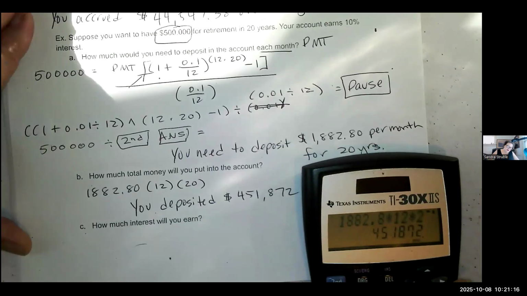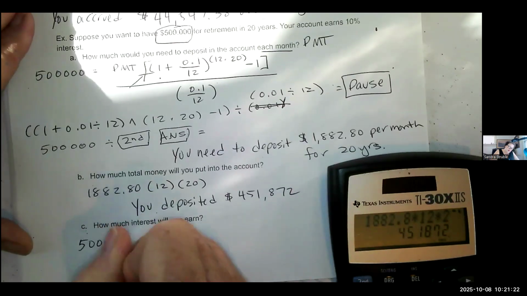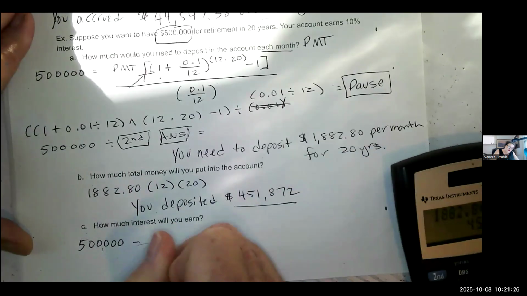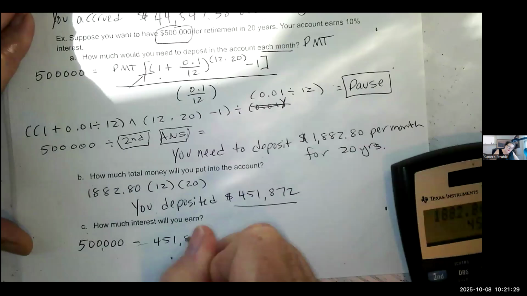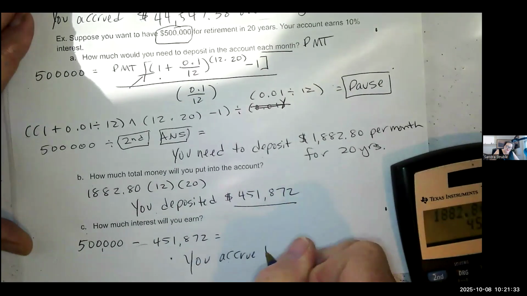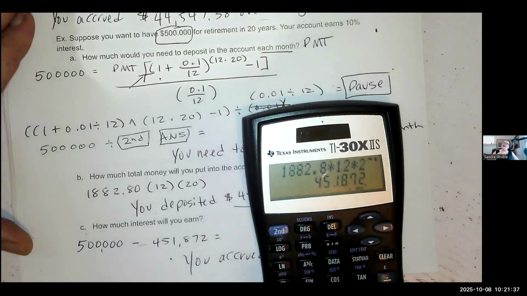The difference in those two amounts is your interest that accrued, which is 500,000, the amount that you want to have at the end, minus the 451,872. This one you can leave in the calculator unless you had to round, which is possible, but not usually.